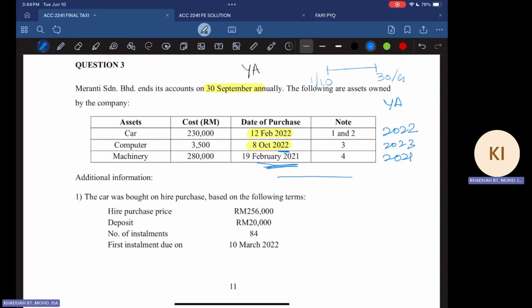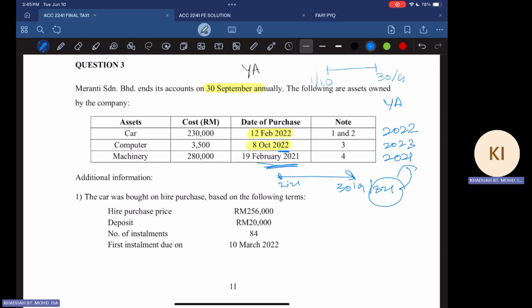Because if it is February, you close on 30th September, so February 2021 means this one is also 2021. That becomes your year of assessment. I hope you understand. The first thing you have to decide is which year of assessment you acquired the asset, because that will be the first YA you are going to claim IA and AA.